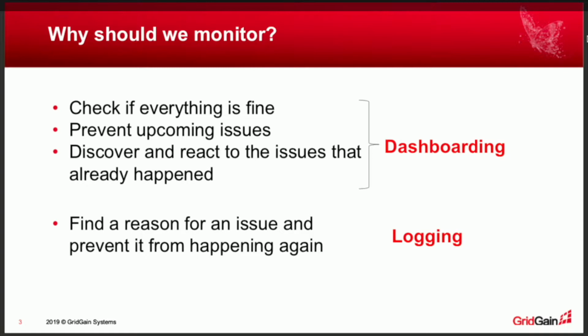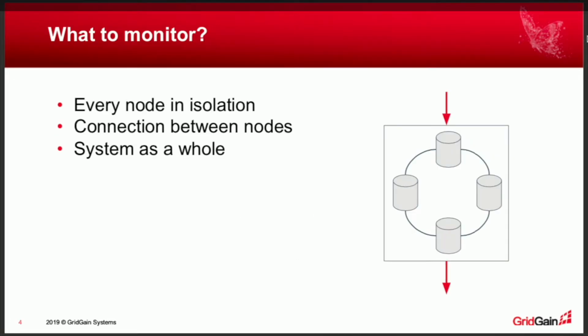Let's look at the specifics of distributed systems and what we can take into account when configuring monitoring. Any distributed system is a set of nodes and connections between them, so you can monitor these parts separately.